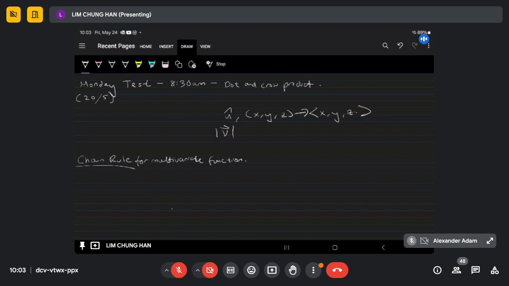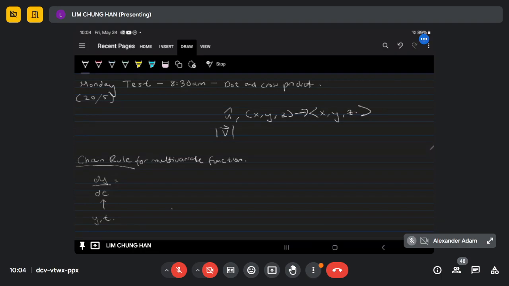What's chain rule like? Let's say I want you to find dy/dt. Obviously this differentiation only has y and t in the variables.